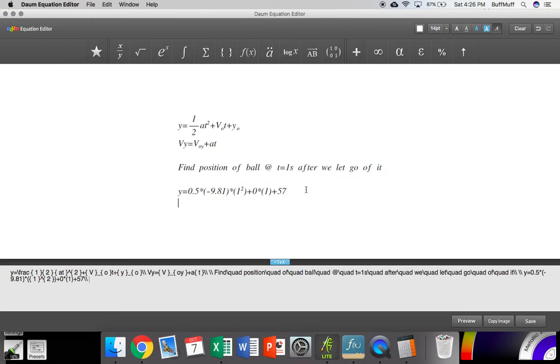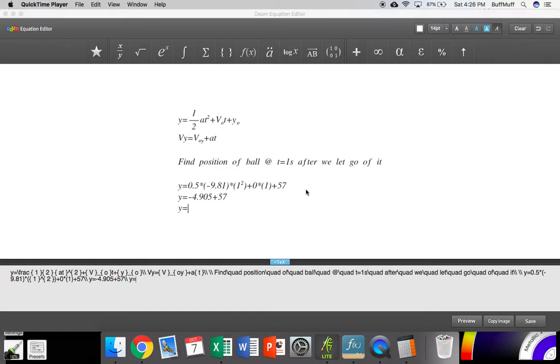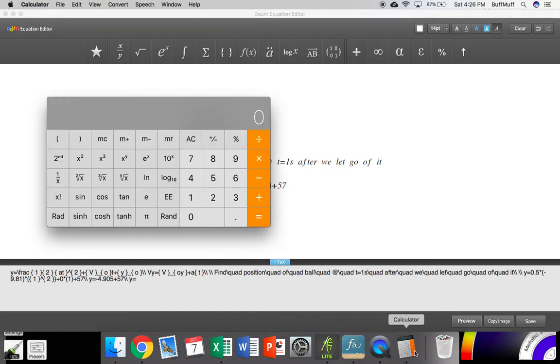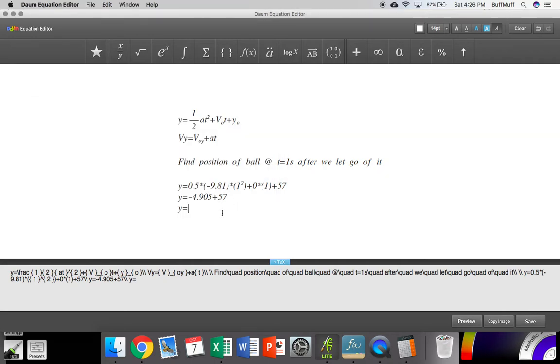So if we calculate it, y is equal to negative 4.905 plus 57, and that is equal to, let's use a calculator because I am not good at math, 57 minus 4.905 is equal to 52.095.